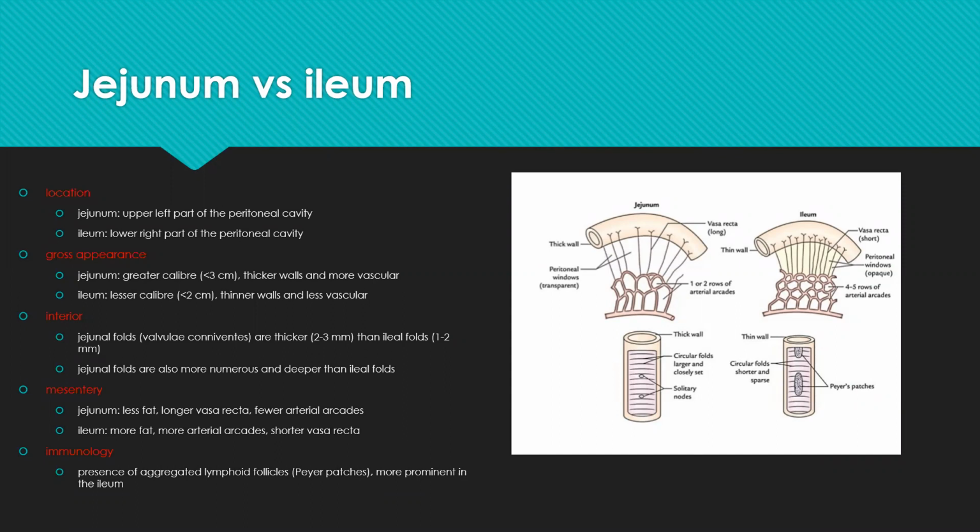Clear? Regarding the thickness of the walls, the jejunum has very thick walls when compared to the ileum, which has very thin walls.